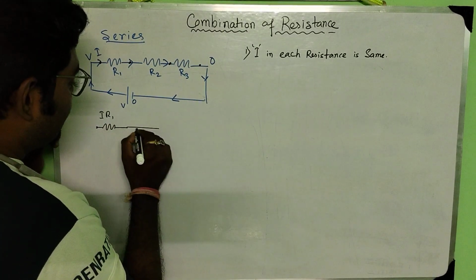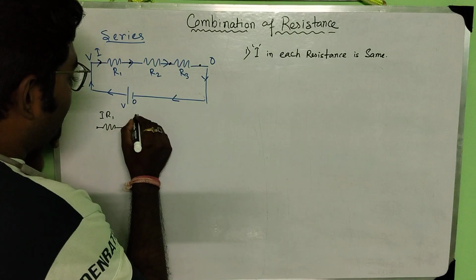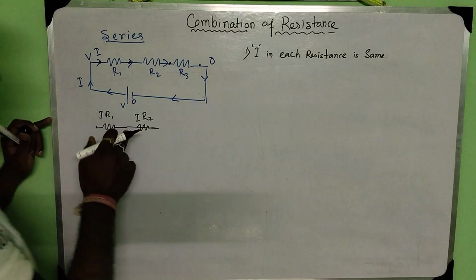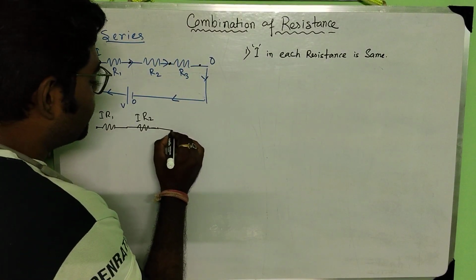For the second resistor, again the voltage will be I into R2, because the current I is the same, but the resistances are different.